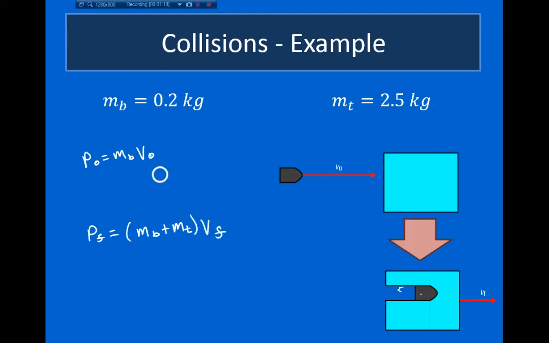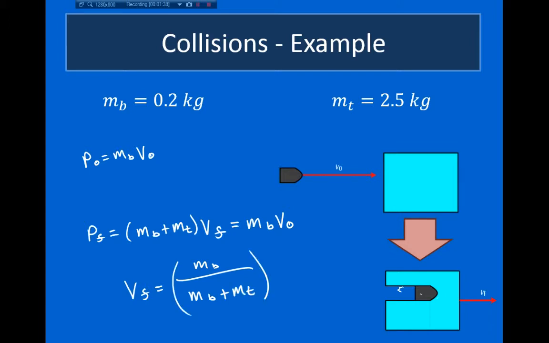If I set these two things equal to each other, I can see that the final velocity is equal to the mass of the bullet divided by the sum of the mass of the bullet and the mass of the target, times the initial velocity.